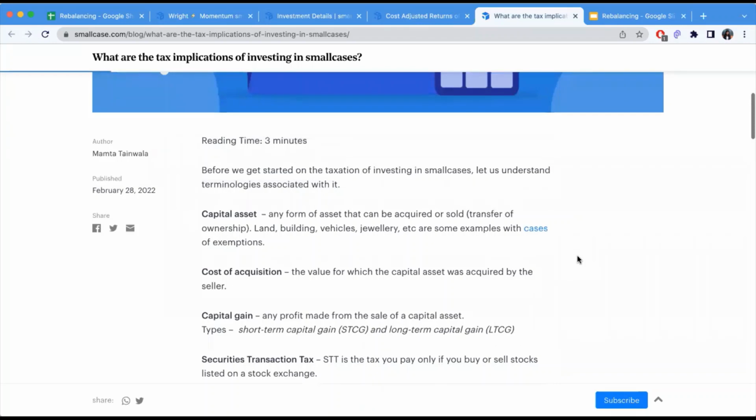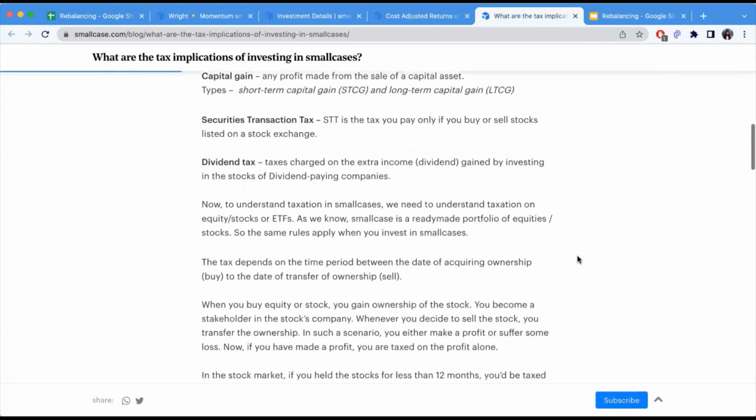Cost and the differences in timeline, which are all practical matters, right, which will occur. There are other implications in terms of tax: you have to pay tax whenever you trade. You typically pay a capital gain tax and a dividend tax whenever you're investing in a smallcase.